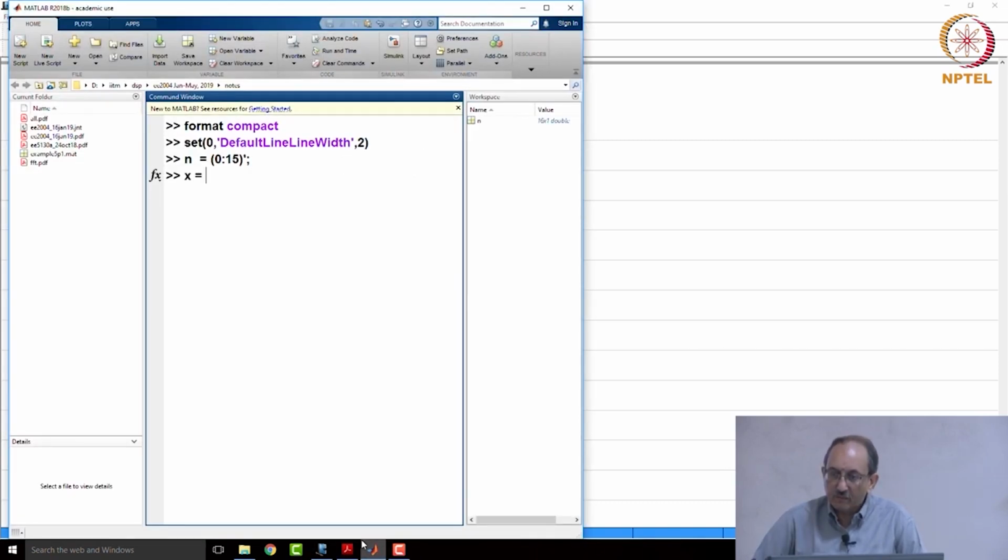So, I have sine 2 times pi times n times the normalized frequency, which is 1 over 8, that is 1000 hertz by 8000 hertz. So, this is my sequence. Now, I want to compute the DFT, and the corresponding command in MATLAB is FFT. So, I have FFT of x.